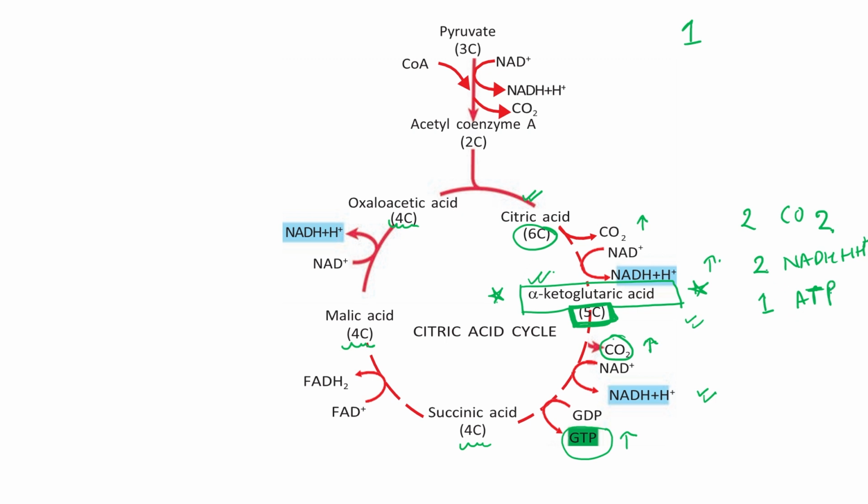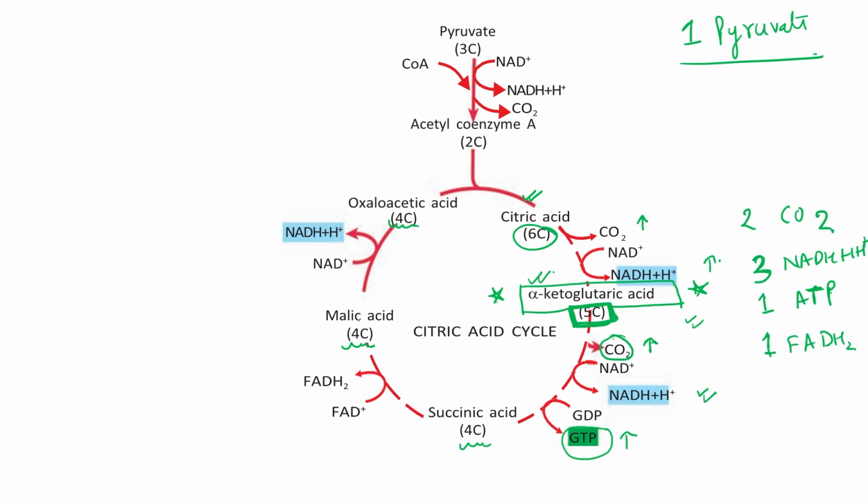Not 2 but 3 molecules of NADH from 1 molecule of pyruvate during the Krebs cycle. The succinic acid then further converts into malic acid, and during this conversion 1 molecule of FADH2 is again produced.